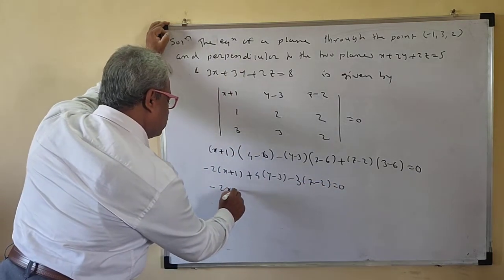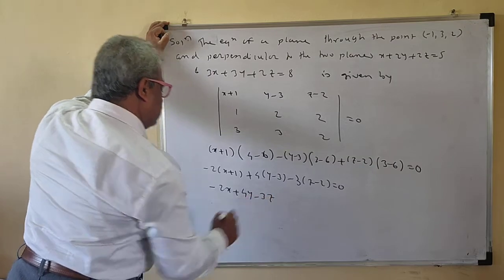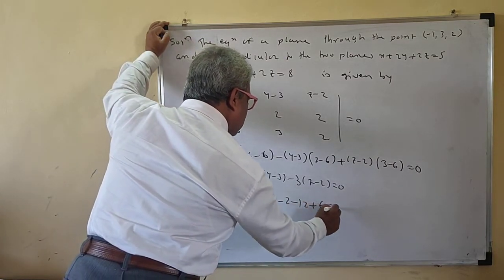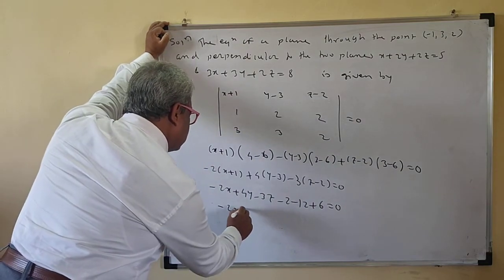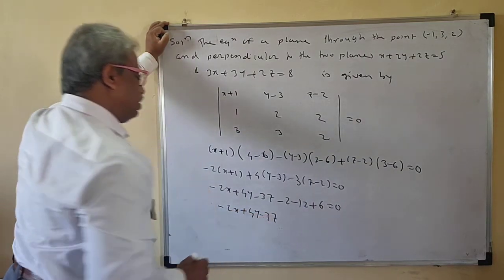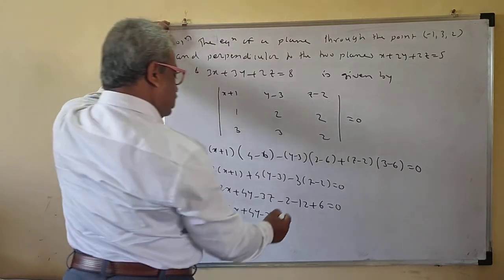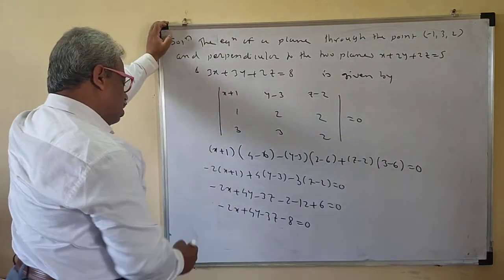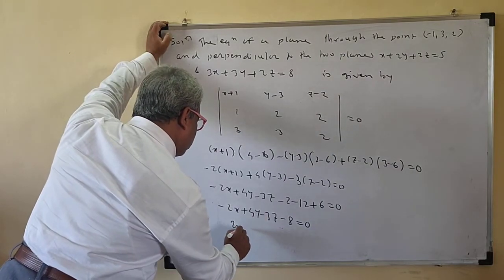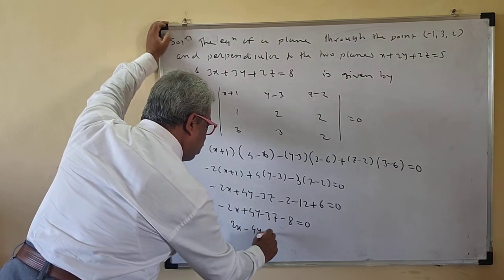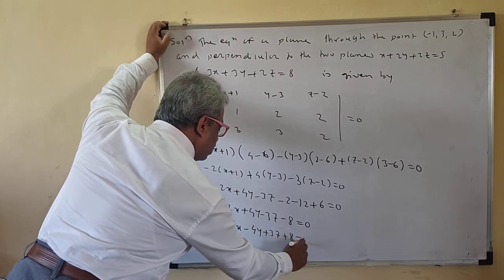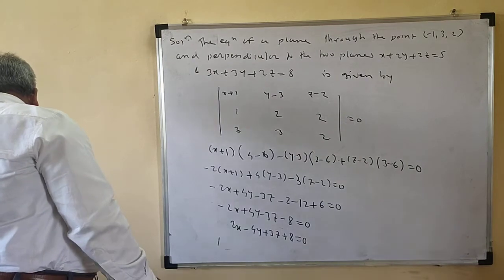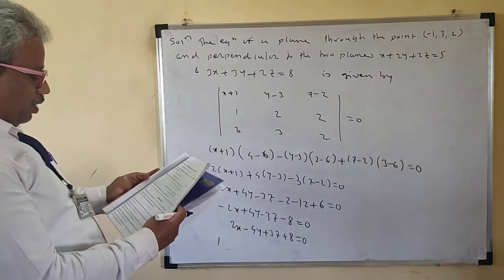So this is minus 2x plus 4y minus 3z minus 2 minus 12 plus 6 is equal to 0. So this is minus 2x plus 4y minus 3z minus 8 is equal to 0. I have changed all the signs. So this is 2x minus 4y plus 3z plus 8 is equal to 0. So this is your required equation of the plane.